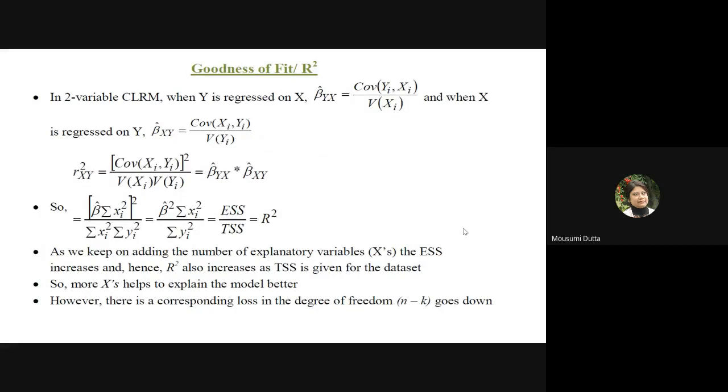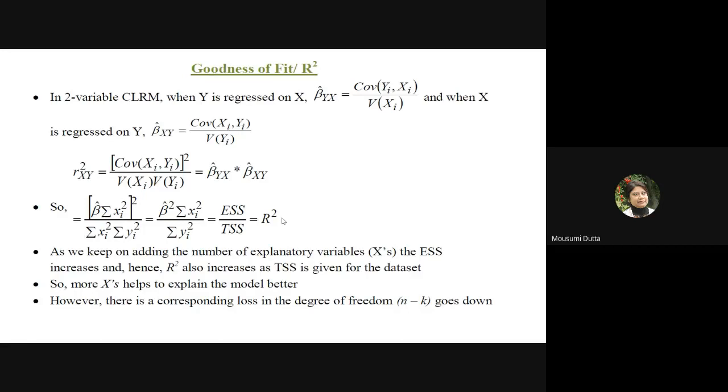On the basis of analysis of variance, ESS by TSS emerges as a measure of goodness of fit. Okay, so this we define by R square, capital R square. Actually, in a two variable analysis, it doesn't matter whether you consider the simple R square or partial R square or multiple R square.